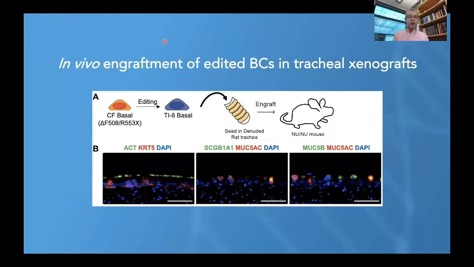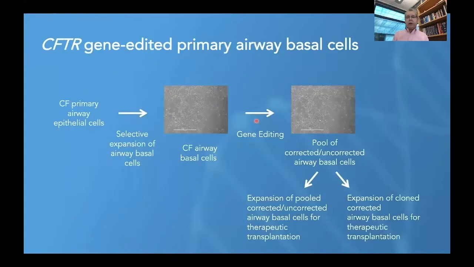We've shown that these basal cells targeted with the TI8 are in fact able to engraft in this tracheal xenograft model, so that's encouraging with respect to eventual transplantation. So we now have this pool of cells that is a mixture of corrected and uncorrected, and we wanted to develop methods that could expand these cells either as a pool for subsequent transplantation or perhaps to develop single cell derived clones.